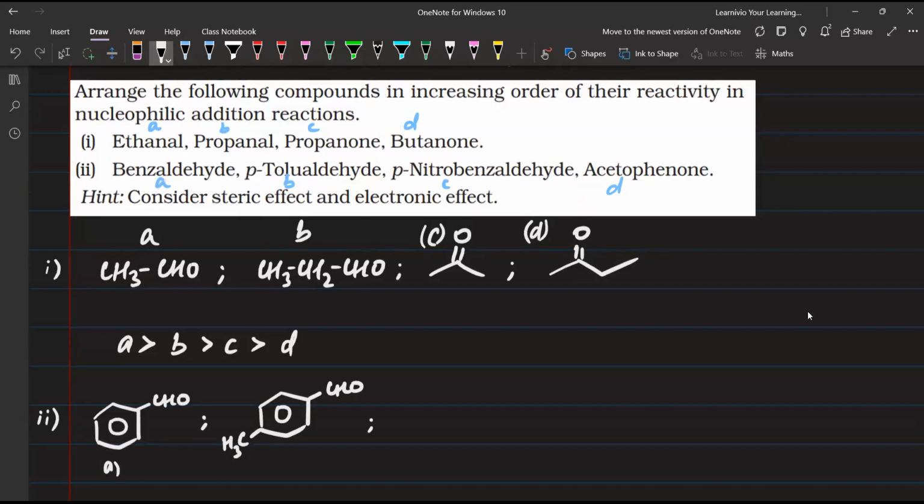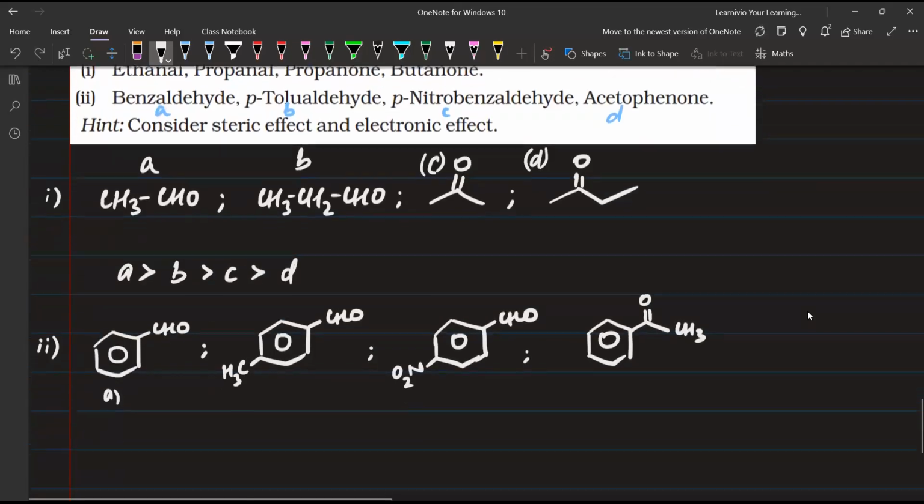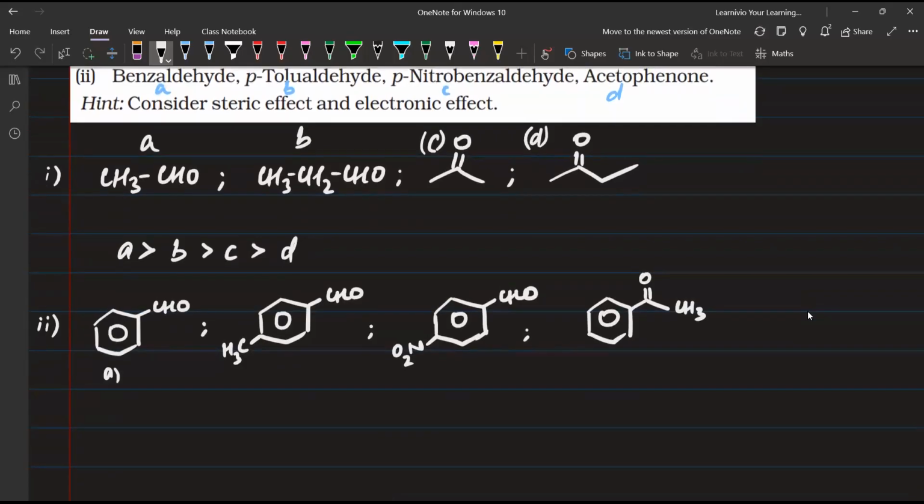P nitrobenzaldehyde, CHO और NO2 para position पे. And we have acetophenone, which is benzene ring with C double bond O, and here we have CH3. So obviously the aldehydes will be more reactive compared to this. Aldehydes will be more reactive when compared to ketone. तो ketone को तो आखिरी में रख देते.